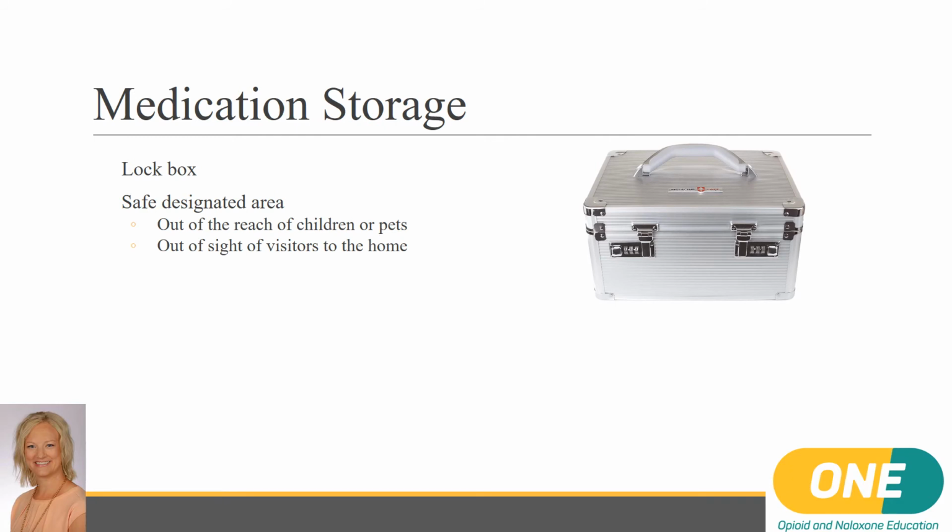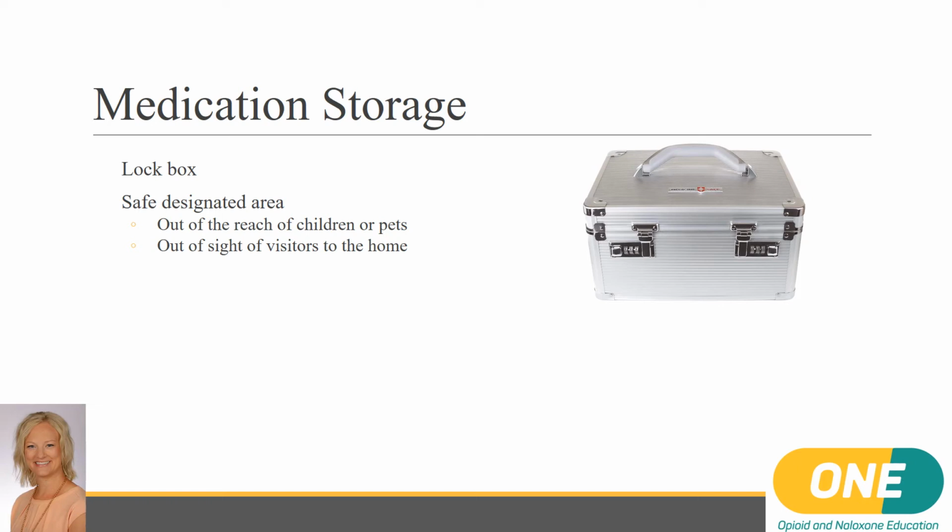We've talked about medication disposal, so getting rid of unused opioids so patients, family, and friends don't utilize those in an unnecessary or unsafe way. When the patient is using their opioid medication, they should be storing this medication in a safe place to avoid diversion and accidental use.